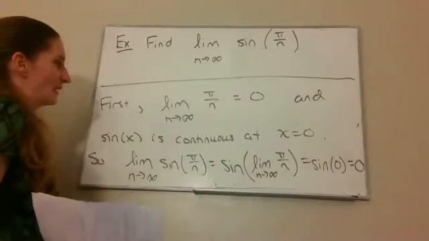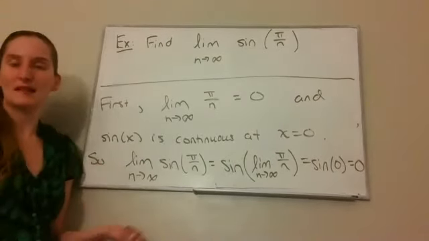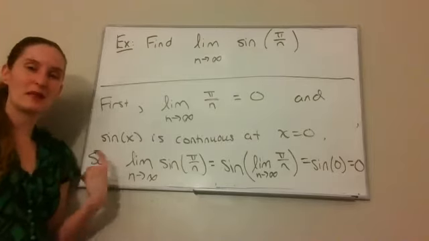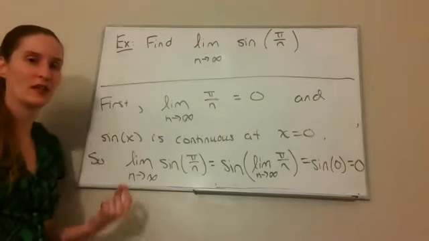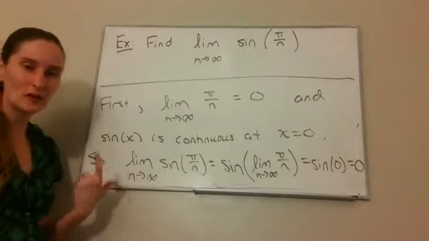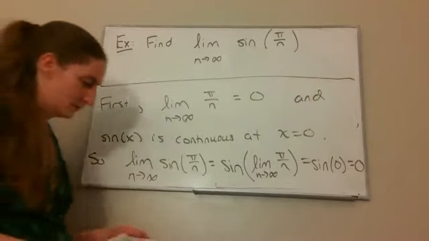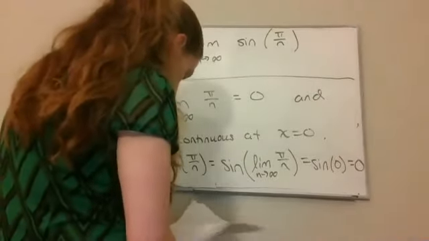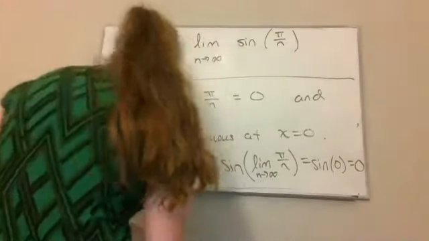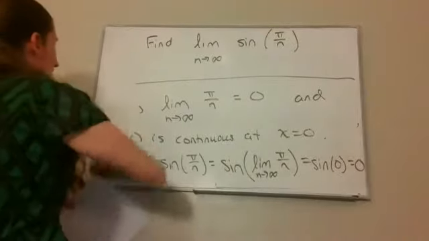And so I have that my limit is equal to 0. Since my function was continuous, I was able to pass that limit through the function, take the limit of the sequence first, and plug the result into my function. Let's try a harder sequence.